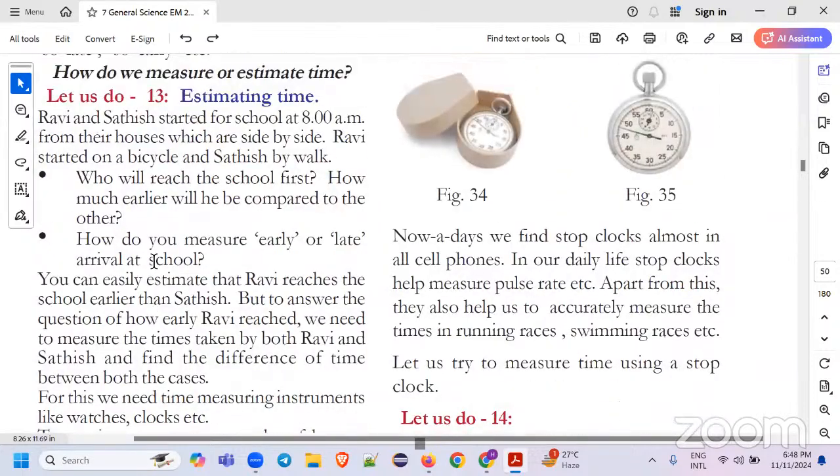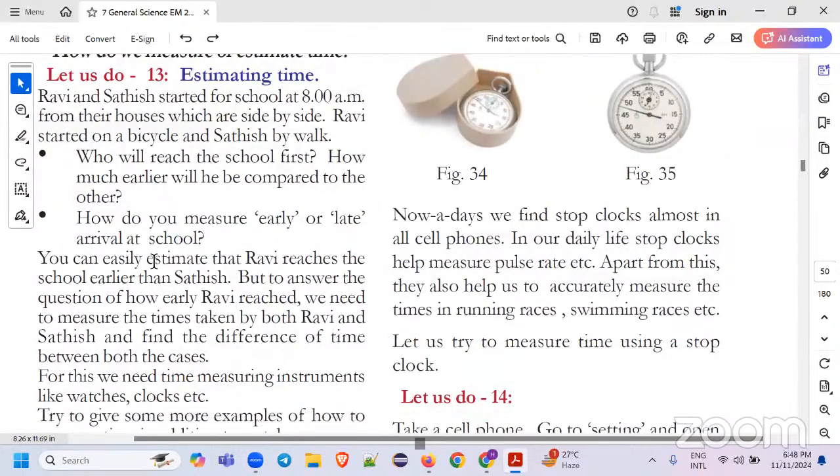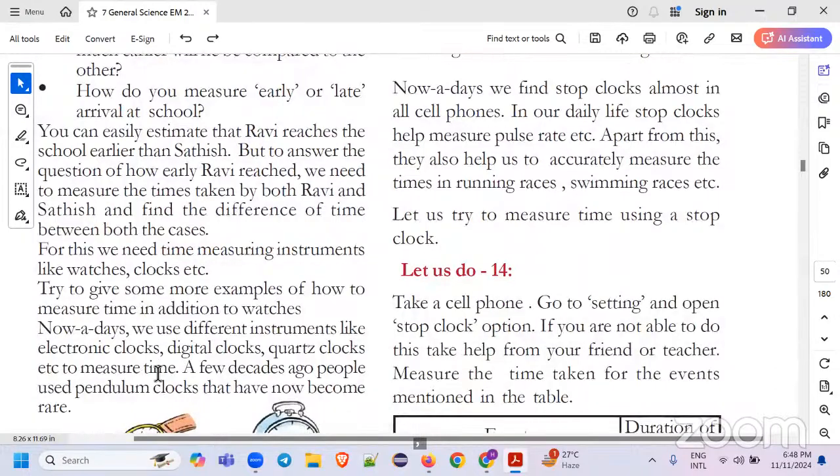This is, what to say, the gap between two incidents. Time is usually expressed as the gap between two incidents. The duration between two incidents may be very long or very short, but the duration between the two incidents we call time.